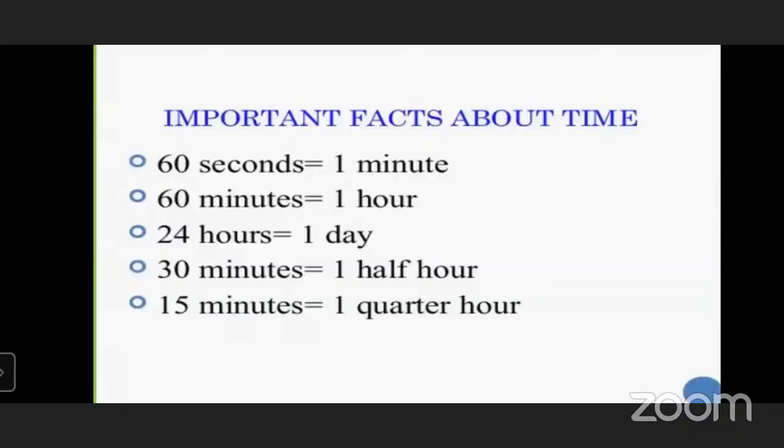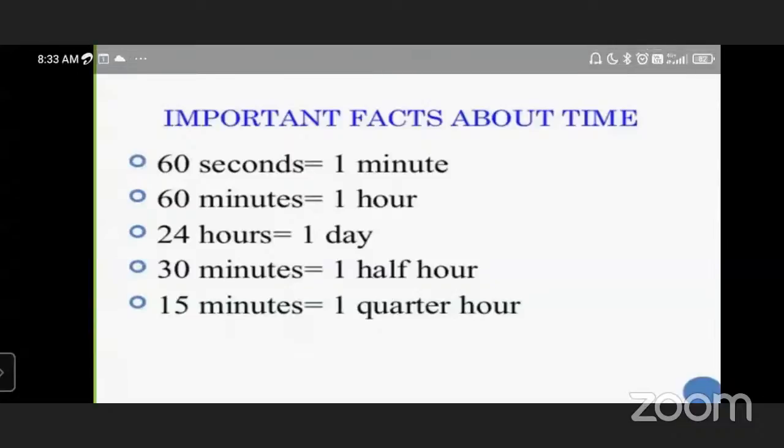You have to say quarter past 7, or quarter to 8. If the time is 7:30, say half past 7. If it is 7:45, say quarter to 8. If it is 7:15, say quarter past 7. Okay, do you get my point?